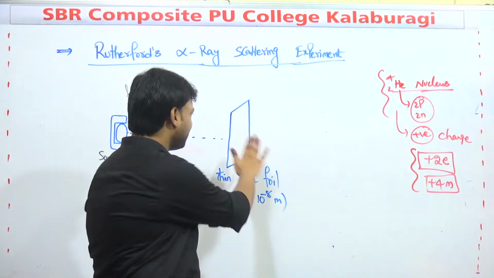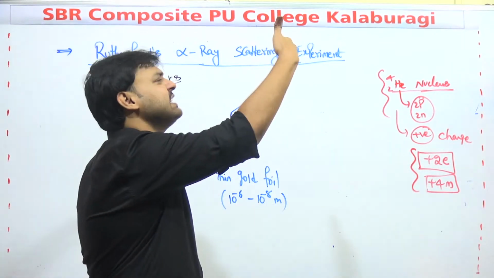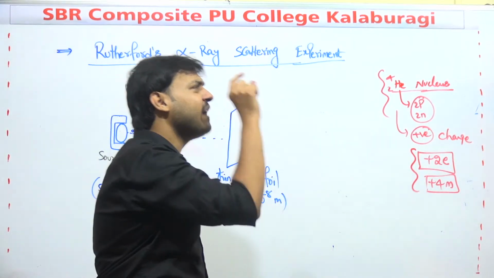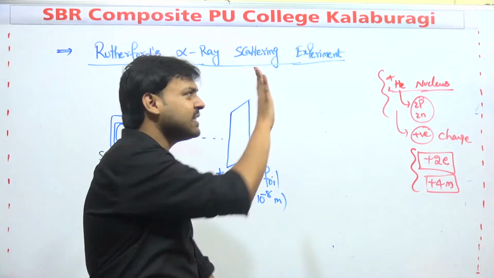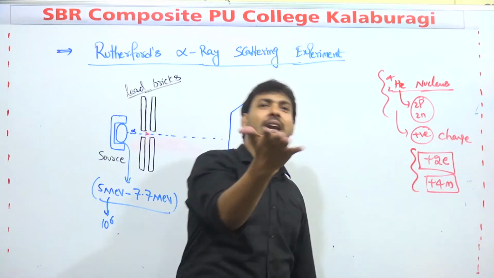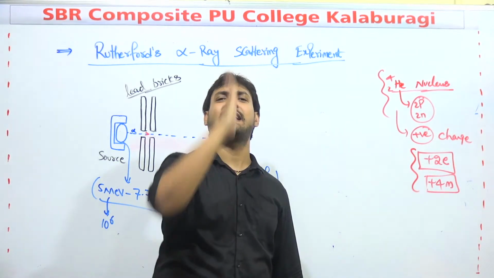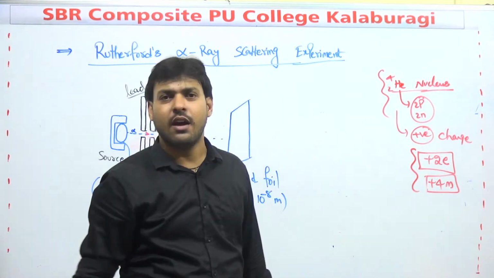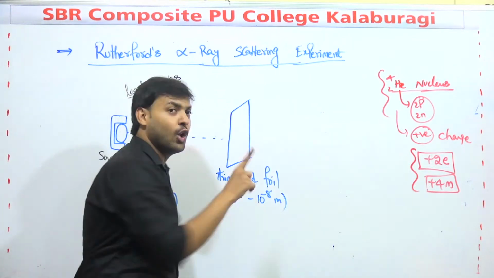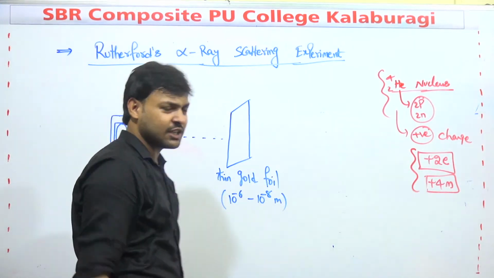He considered only one sheet of gold foil, with only one atom layer in thickness; another atom layer is not there. That much thin we can make with gold, so that's why you use that gold foil. This is of the order of 10 to the power minus 6 to 10 to the power minus 8.